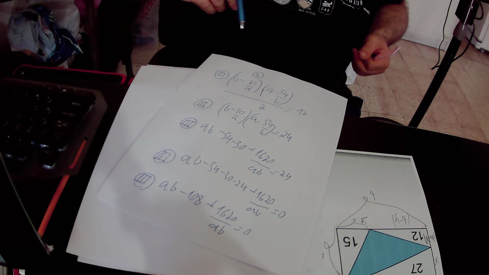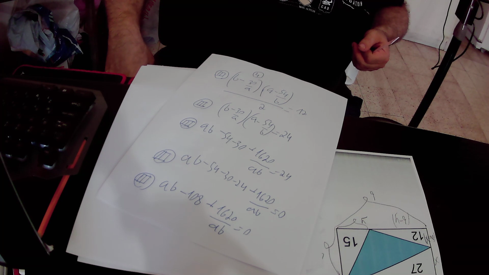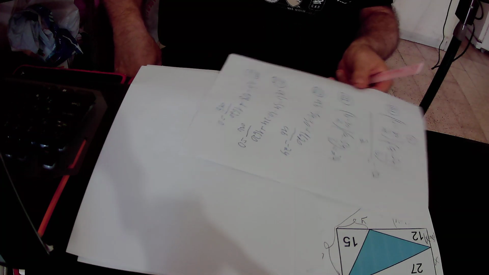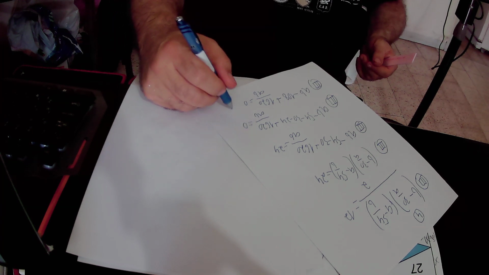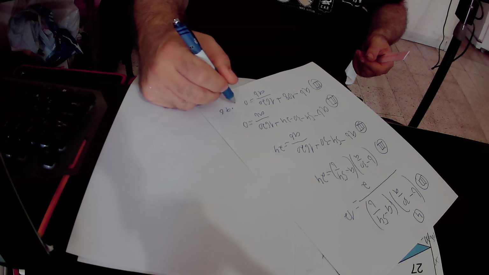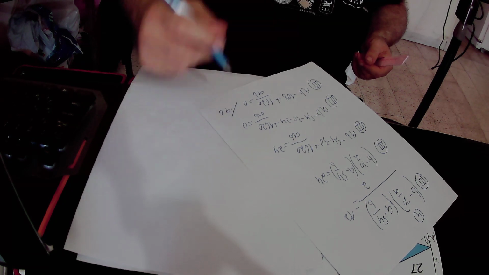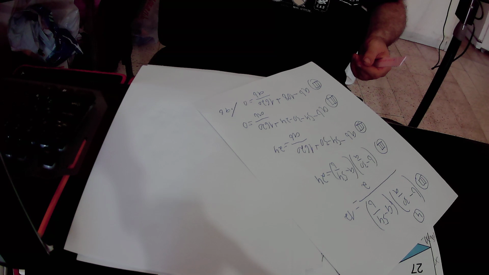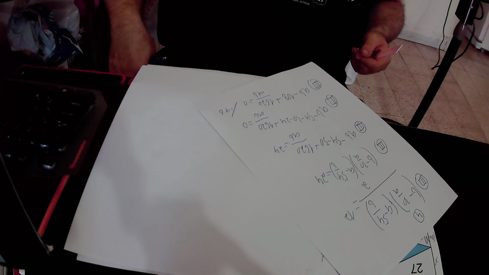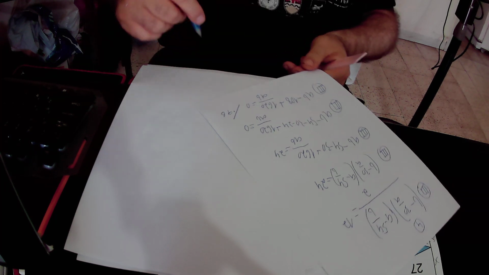Now we will multiply both sides of the equation by ab. As you already know, a is a positive number and b is a positive number, and when you multiply two positive numbers by each other, it will always be a positive number and it will never be 0. So we can multiply both sides of the equation by ab.